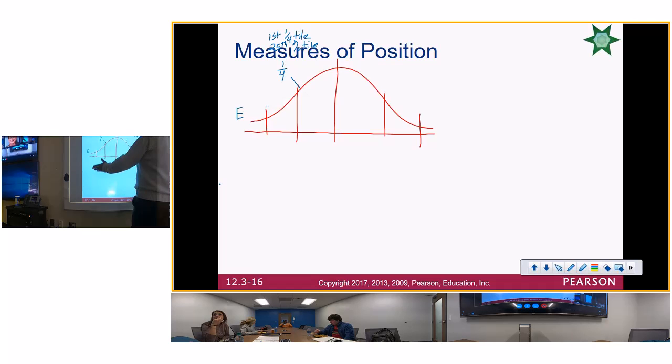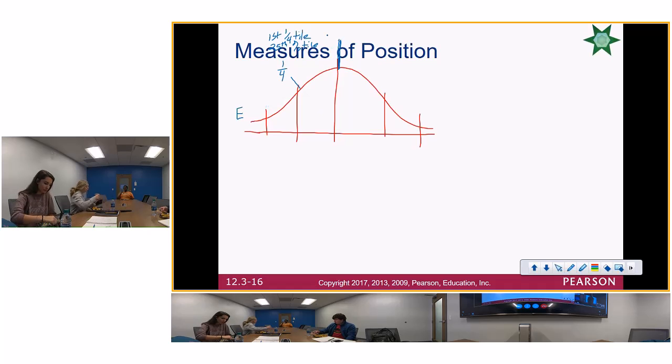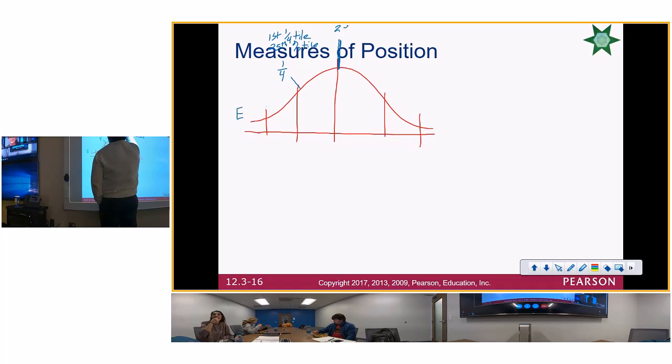So that's a quarter. And then somebody tell me what this is. Half. And that's your second quartile, or your 50th what? Percentile.